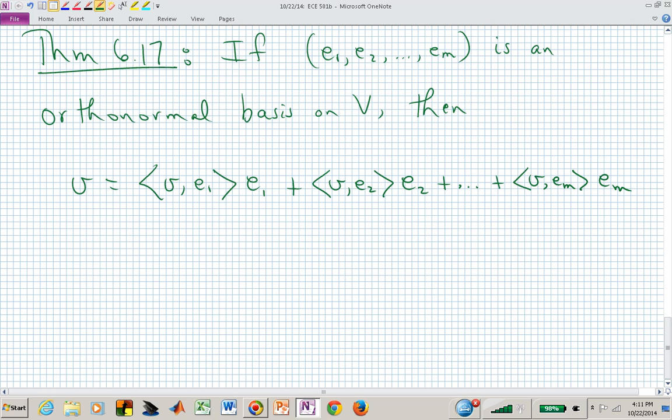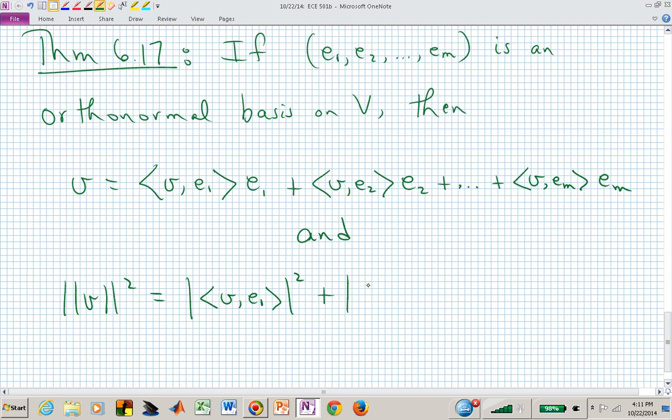If we have an orthonormal basis labeled as E sub 1 through E sub m, we can say this, and if we know that, what else can we say? What does this look like based on earlier results? Now we need to find basically the magnitude of each of those coefficients, which are these inner products. If I now say, just find the inner product of V and E1, take the absolute value of that and square it.